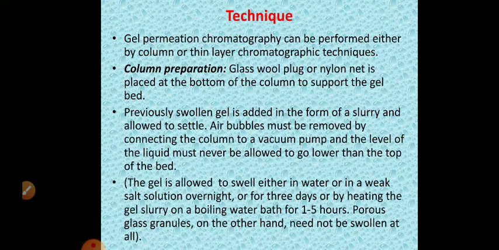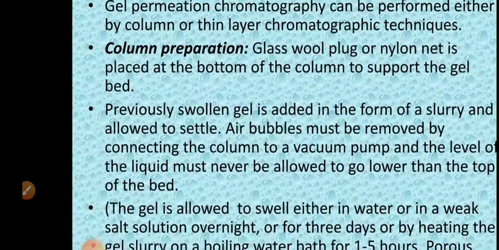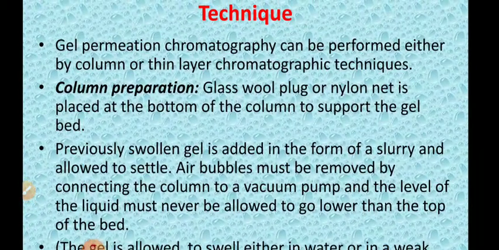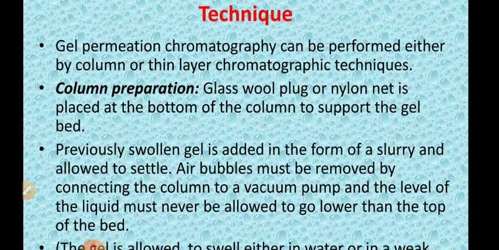Now let us discuss how gel permeation chromatography is performed. It can be performed either by using a column or by using a thin layer chromatographic technique. If you are performing by using a column, then at the bottom of the column we have to place a nylon net or a glass wool plug and then pour the gel slurry.